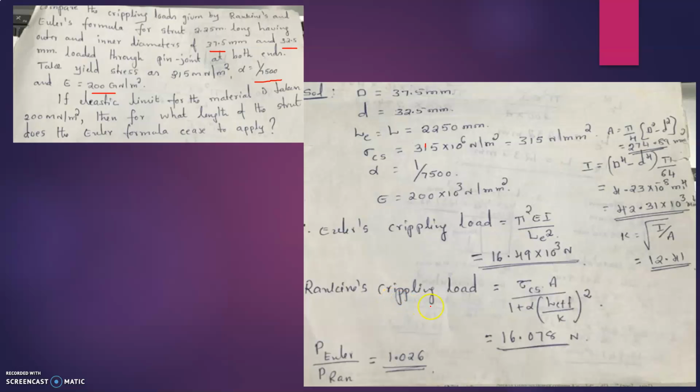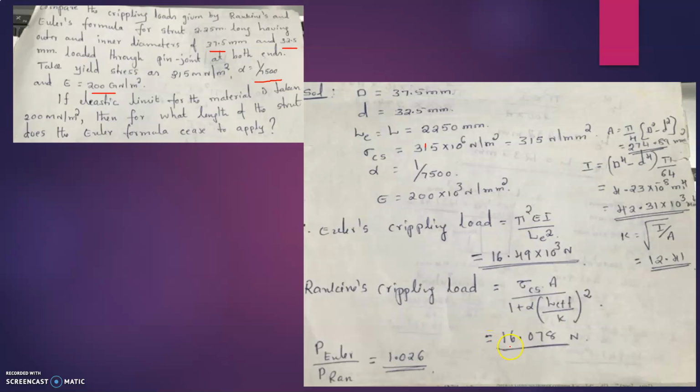Then calculate Rankine's crippling load, that is equal to sigma Cs into A divided by 1 plus alpha into (LE divided by K) whole square. Substitute: sigma Cs is 350 into area 274.89 divided by 1 plus alpha, alpha is 1 divided by 7500, into LE divided by K, that is 2250 divided by 12.41 whole square.